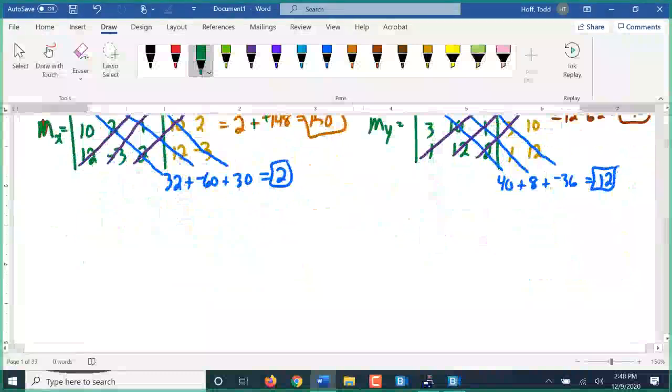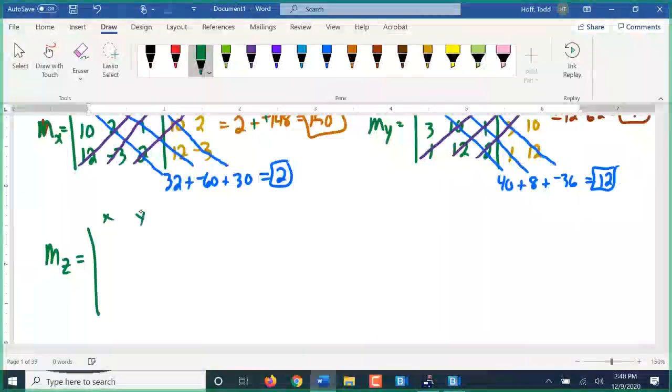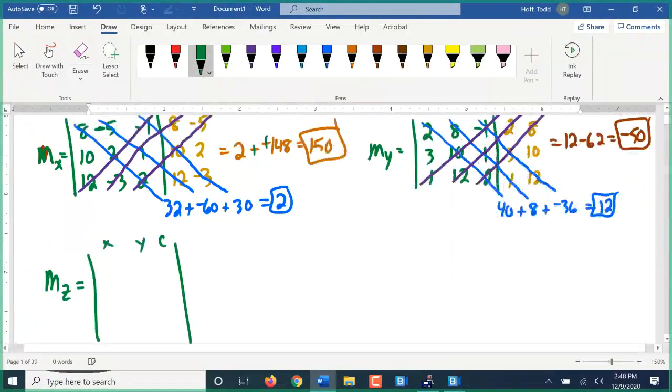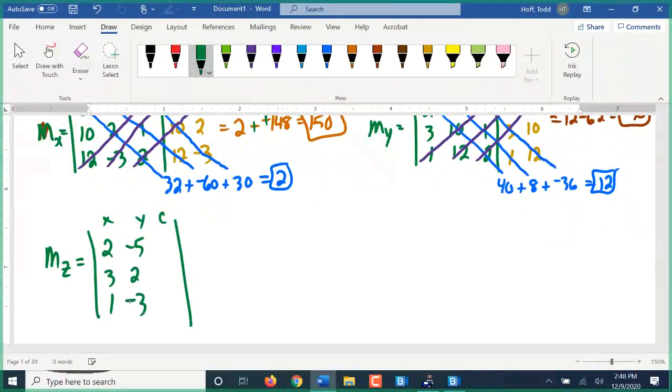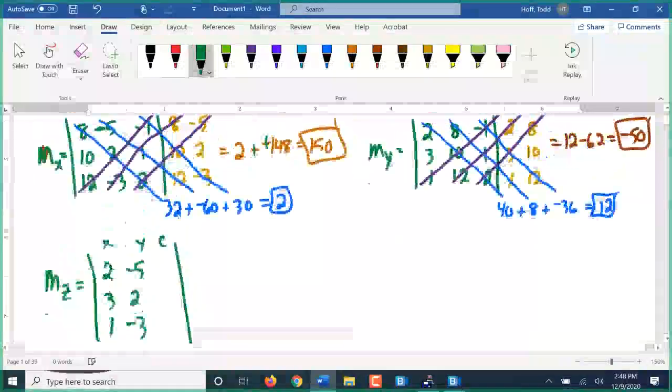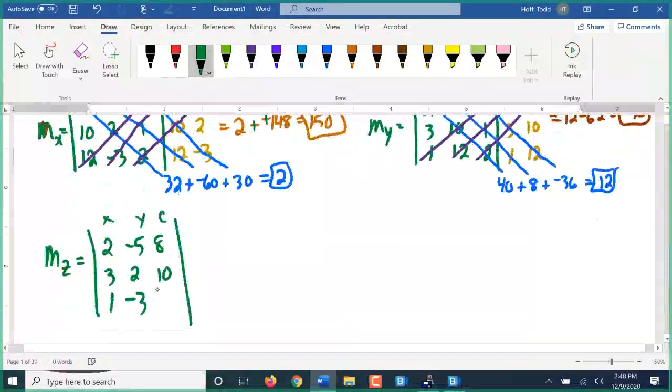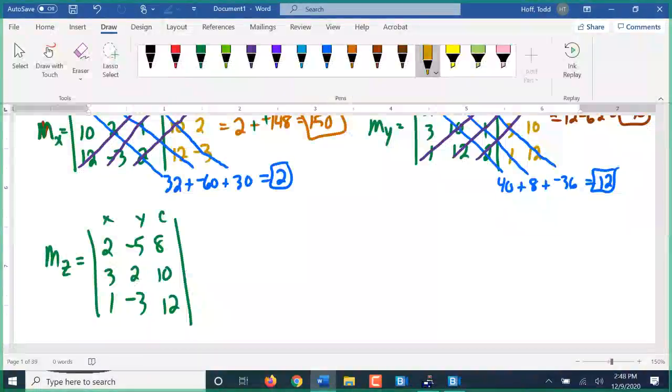Okay, so now we need to do the Z matrix. Remember, in our Z matrix, it is the Z column that is replaced by the constants. And let's make sure I put the negative on my 5 in my Y column here again. So there's my Z matrix. So I have to rewrite the first two columns again.